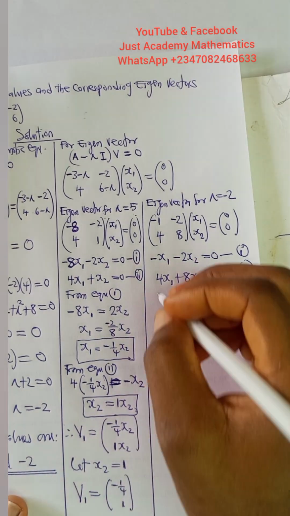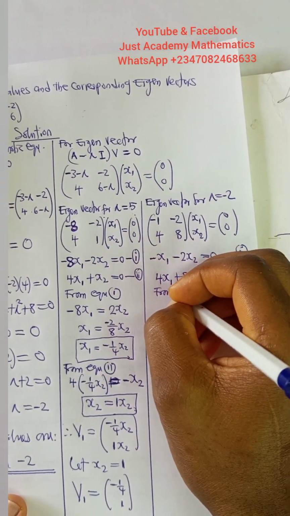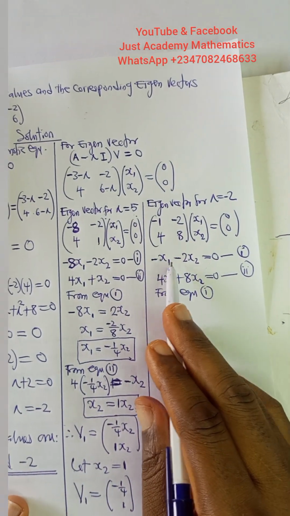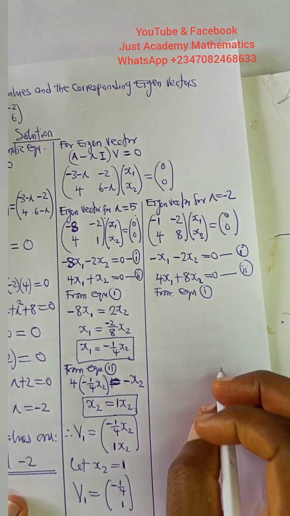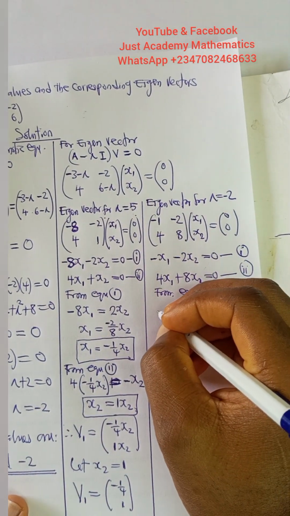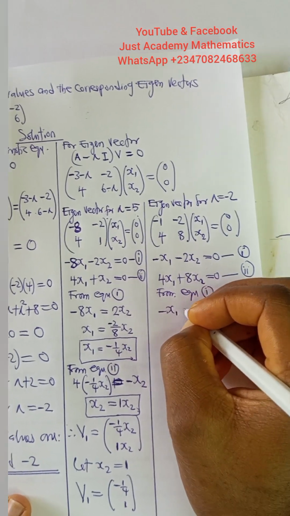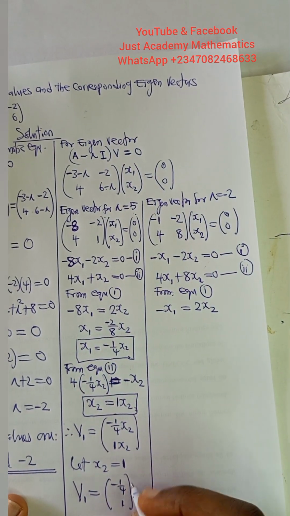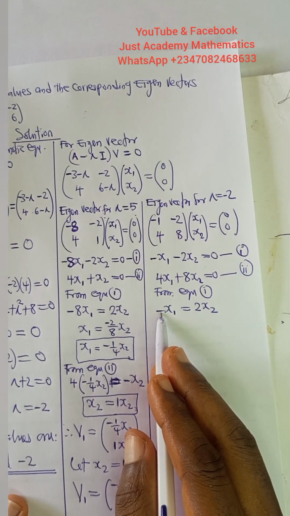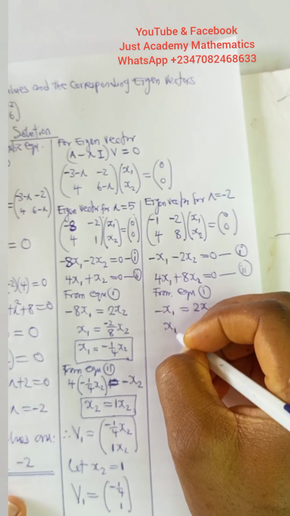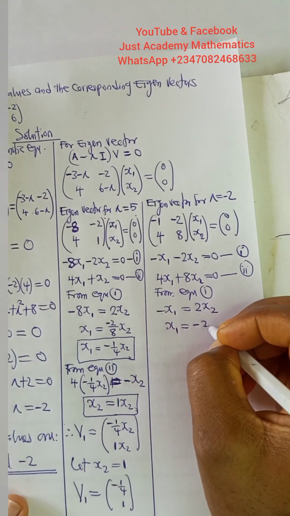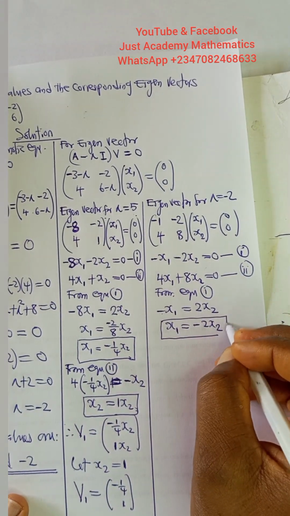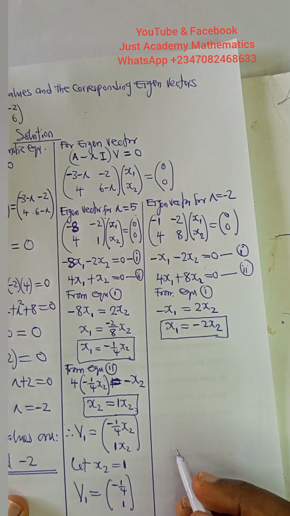So from equation 1, simple, we find x1 in terms of x2. So we have minus x1 is equals to 2x2. We divide both sides by this negative 1. So x1 is equals to minus 2x2. This is the value of x1 in terms of x2.